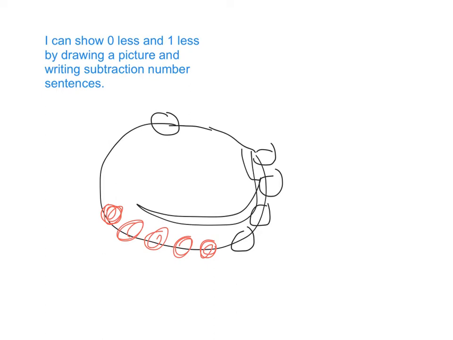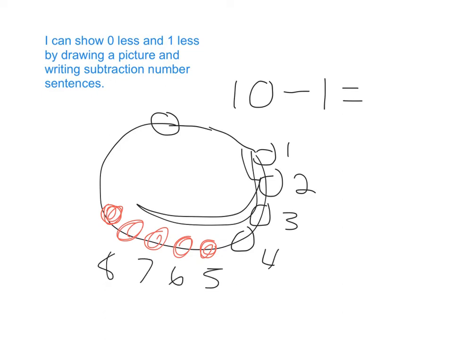If I were to write that as a number sentence to show what I did, I would say 10 minus 1 equals, and if I look down here, I have 1, 2, 3, 4, 5, 6, 7, 8, 9 beads after I move the one bead up here. So I did 10 minus 1 equals 9.